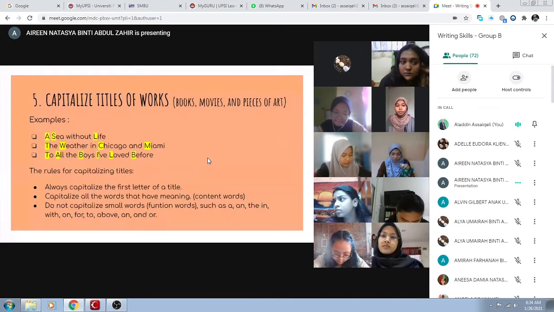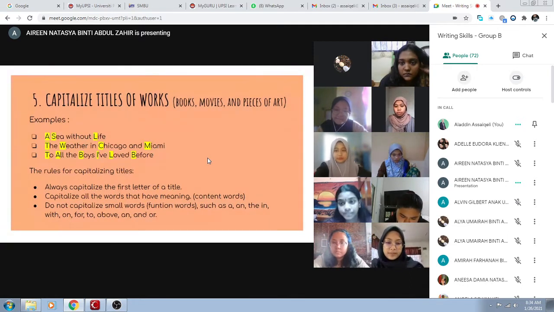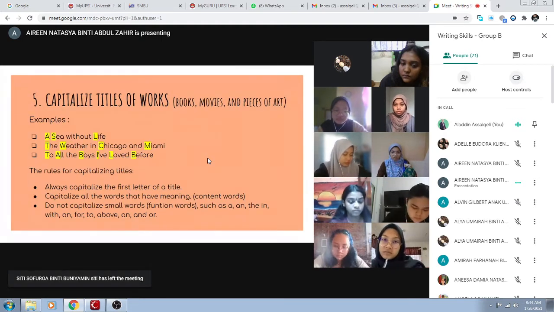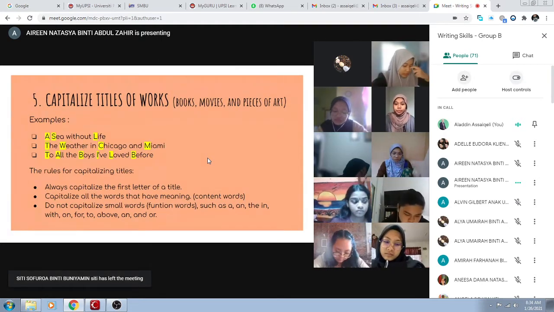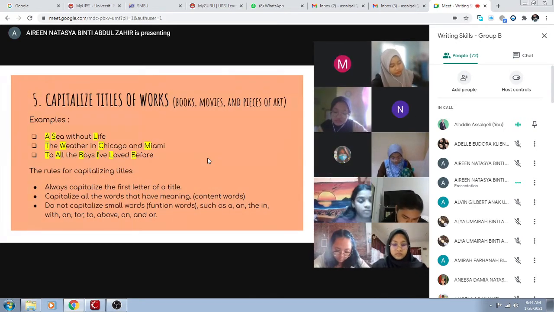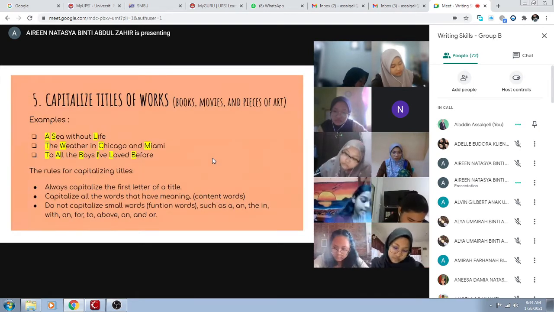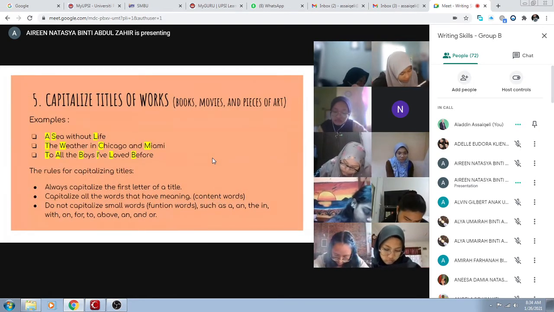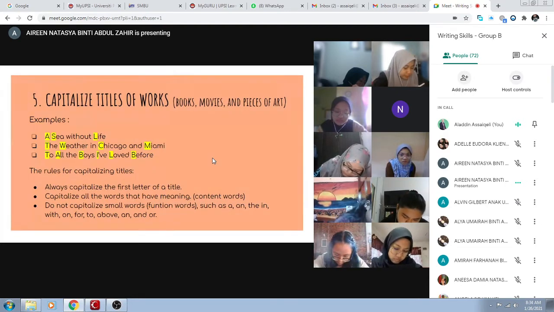Are you on the same page now? Okay. Activity 1: circle the words that have capitalization errors and make the corrections above the errors. Do this now, all of you. Remember the 5 rules, what to capitalize.